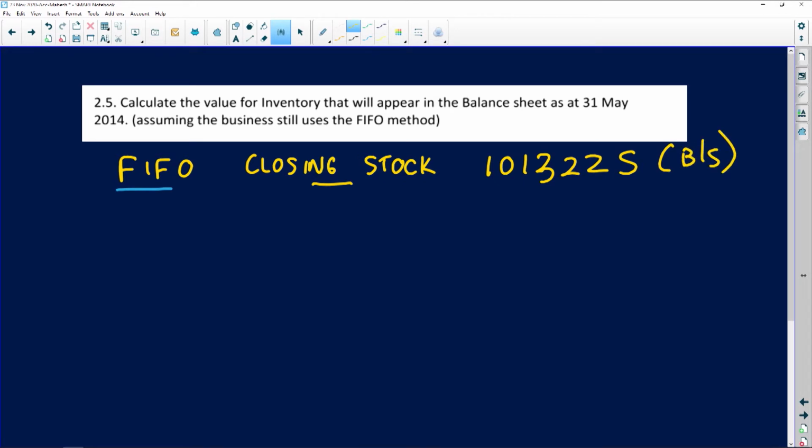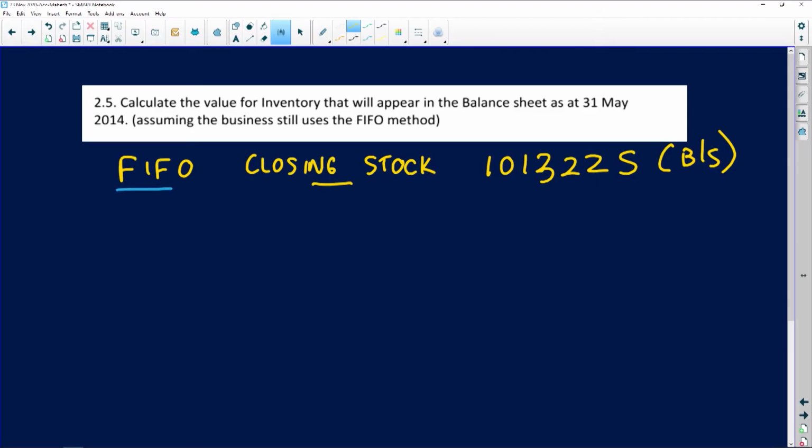Now remember, guys, according to your GAAP principle of prudence, you've got to state your closing stock according to a physical stock count. So in other words, if there's stock missing, obviously the value of your stock now needs to decrease. You cannot show the book value of your stock in the balance sheet. It's got to be the physical value, what you physically have.